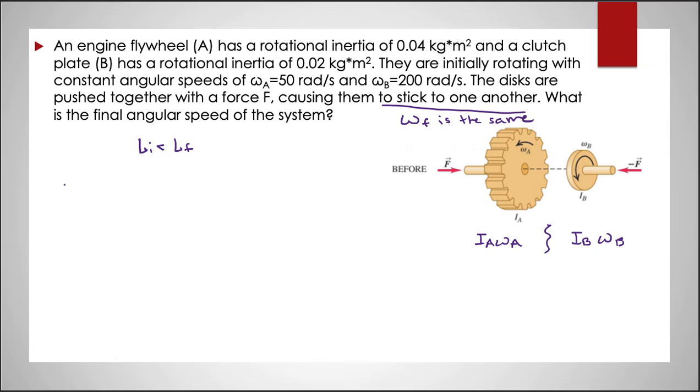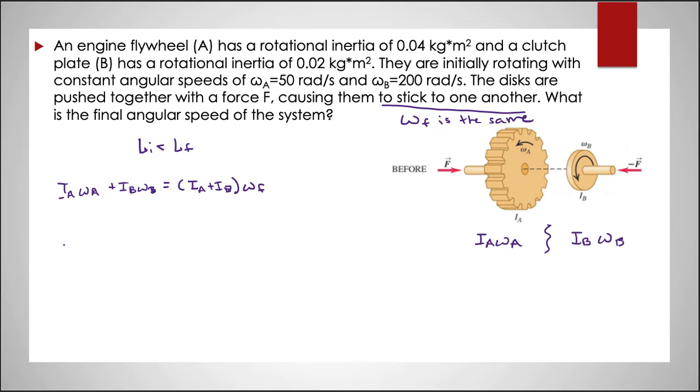So we can get IA omega A initial plus IB omega B initial equals, well, once they stick together, they got to rotate the same. So they're going to have the same omega final.